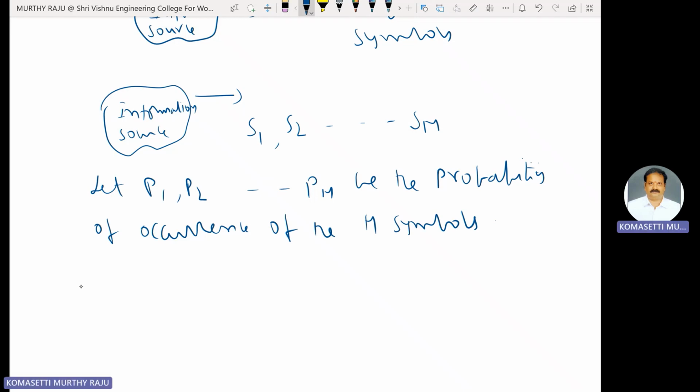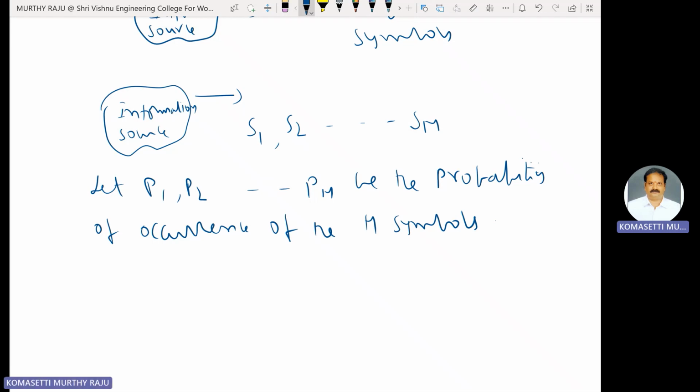Suppose we consider a long message. The long message contains N symbols. That means the symbol S1 will occur P1 into N times. The symbol S2 occurs P2 into N times. The symbol SM occurs PM into N times.